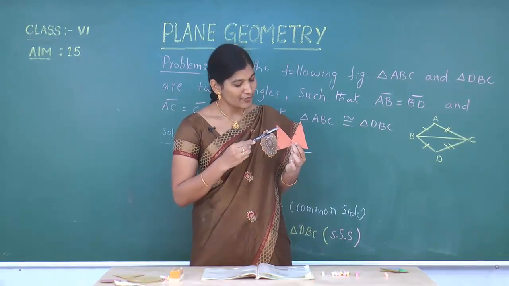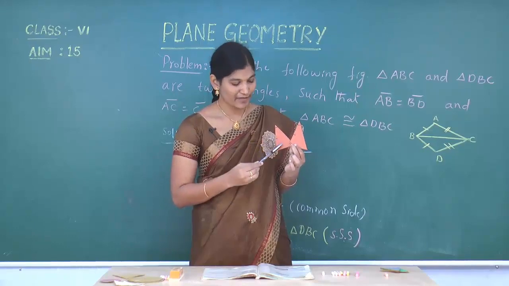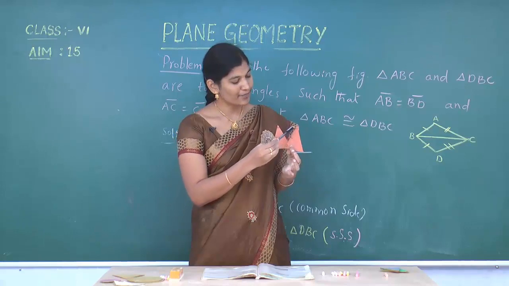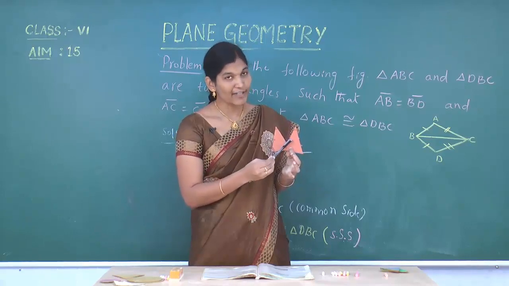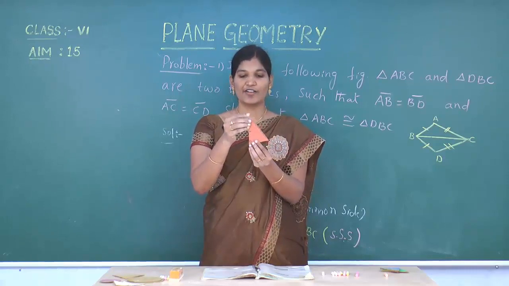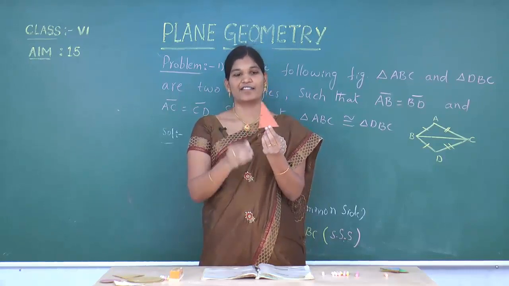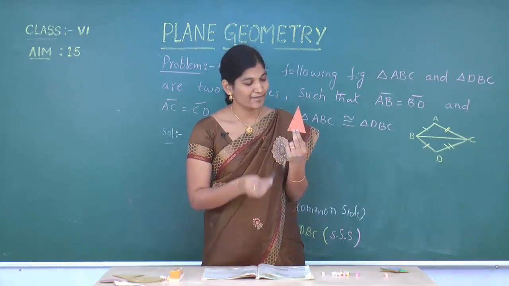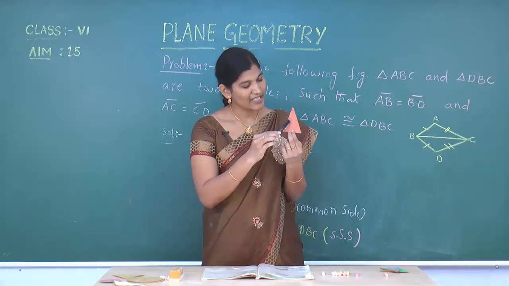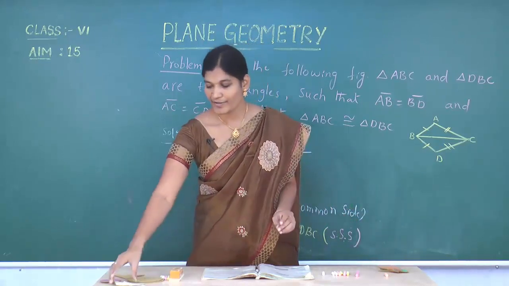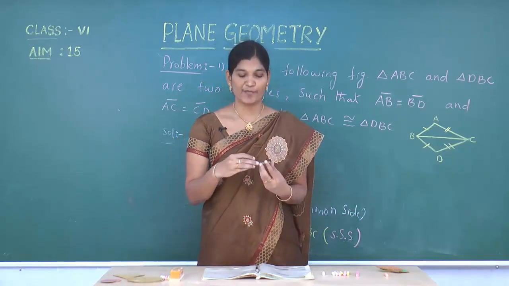So the two angles and included side of the first triangle are correspondingly equal to the two angles and included side of the second triangle. We can say these two triangles are congruent to each other. By which axiom? A, S, A. And now let me show you one more pair.